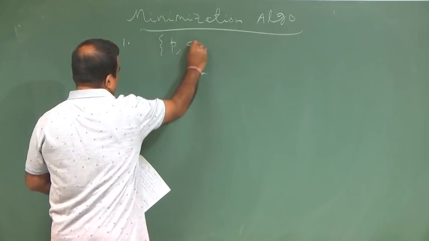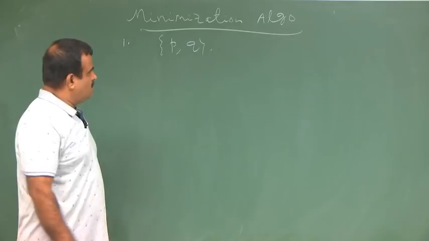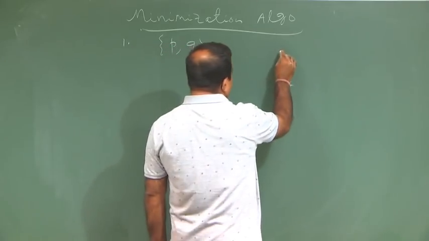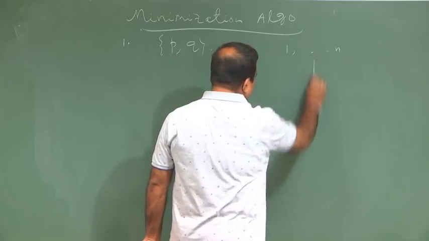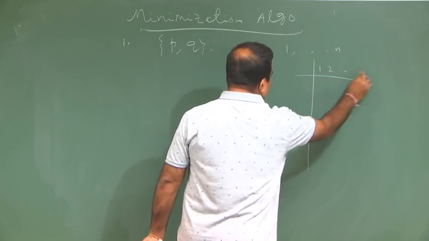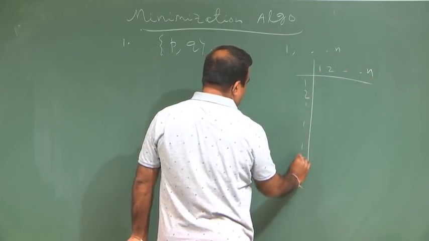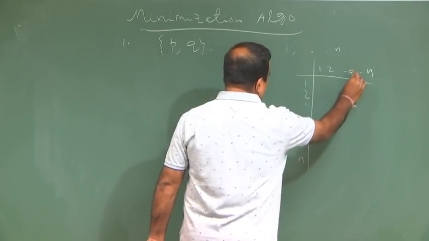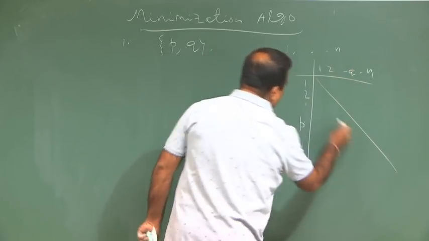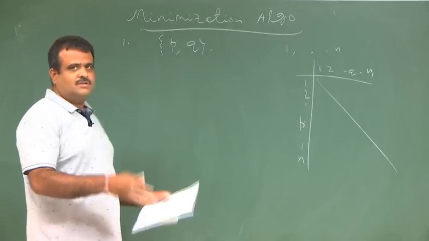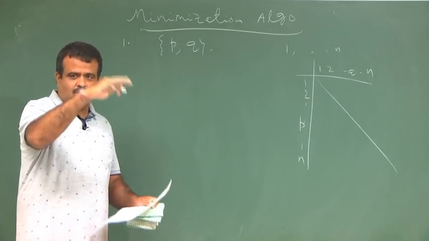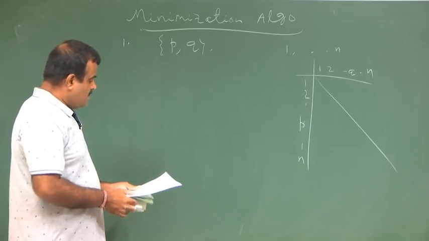We will take an example. If we have states 1 to n, we have a table like this, 1 to n, 1 to n. This is p, this is q, and this is a lower triangular matrix, because this is a symmetric matrix. So, we will only draw the lower triangular part.